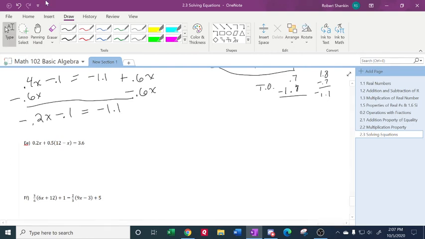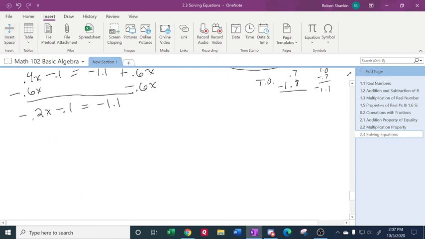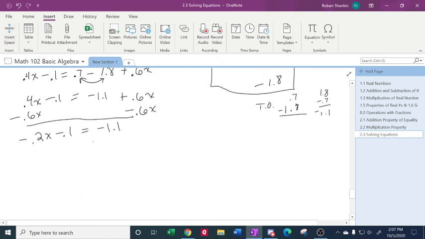Then I'm going to add 0.1 to both sides. Line up the decimals. Negative 0.2x equals, and when I add these down, there's going to be some cancellation.